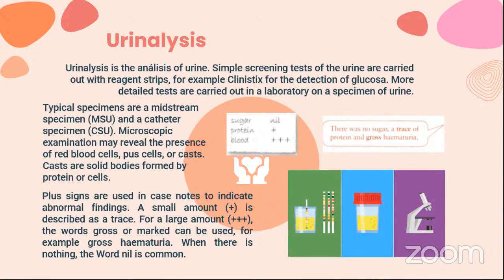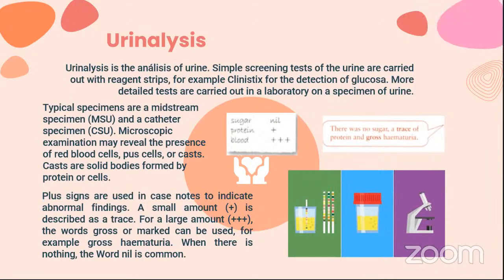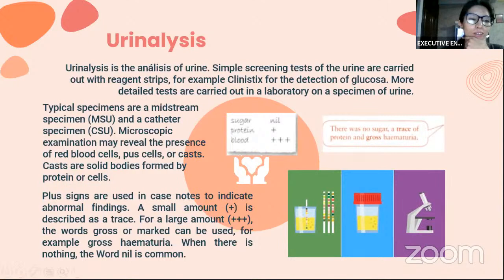I don't know if it's the same name, but I think it might be similar. What do you say? Yeah, we use ketone bodies too here. Okay, so I think it's the most common and we can use it for pretty much infections.